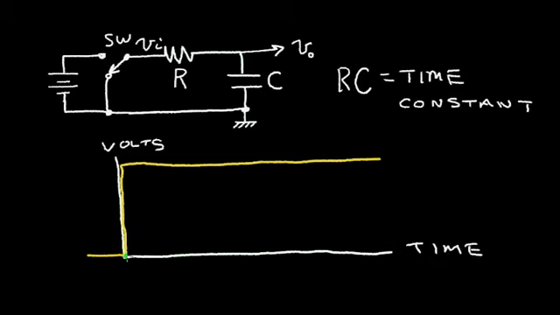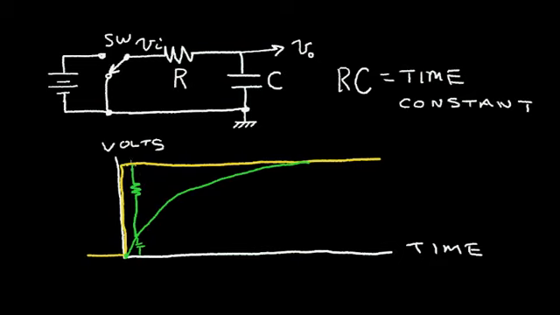And the capacitor is going to charge up slowly. And it'll approach the Vin rather slowly. Let's examine what's happening. Initially, when I throw the switch, the predominant voltage drop is across the resistor, and very small voltage drop is across the capacitor.